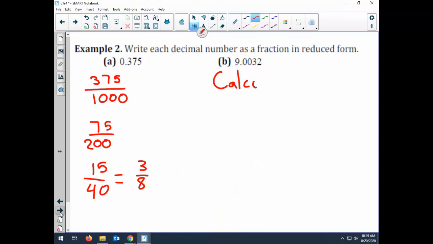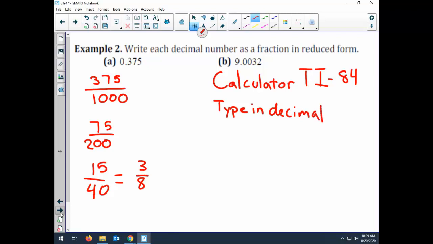On the calculator, we'll have TI-84s in the classrooms. That's what I'm going to refer to. But there's probably a way to switch them back and forth on any calculator. The steps to do this on the TI-84 is you just type in your decimal, press enter, and then you press math enter, and it'll convert what you just typed in into a fraction.